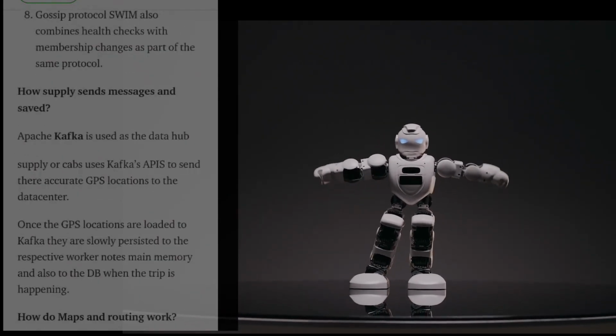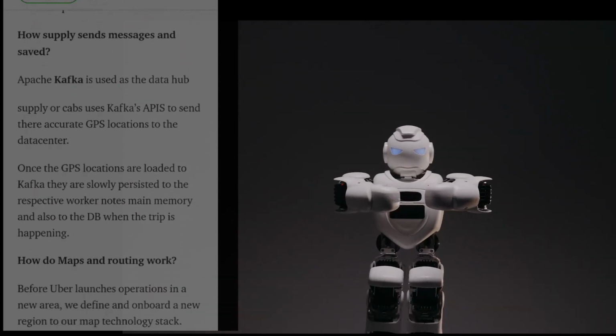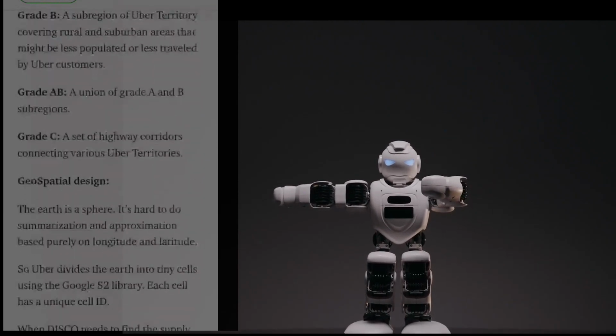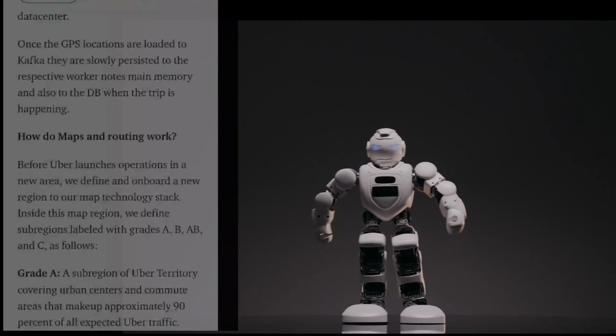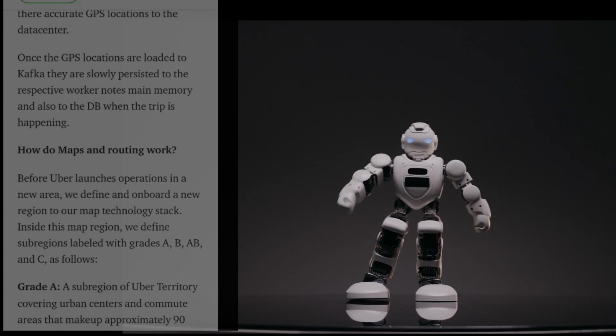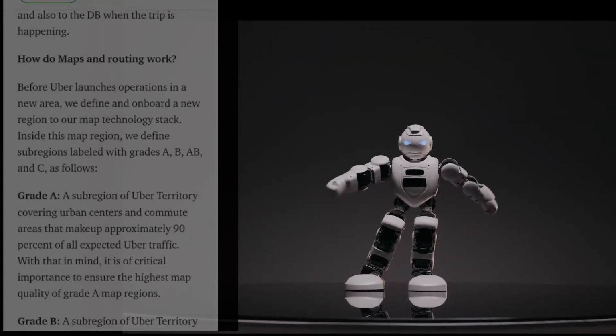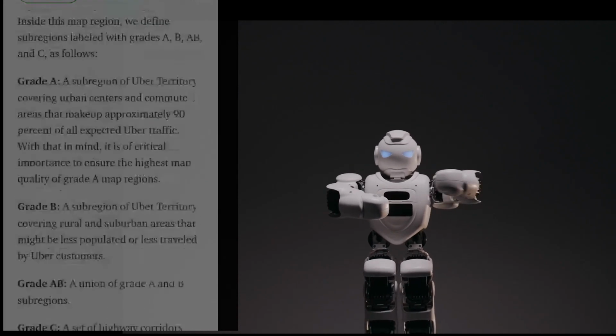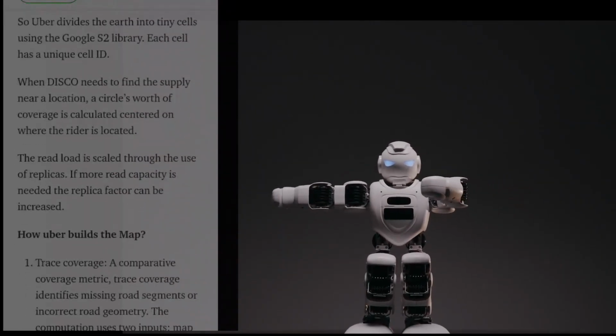This is how the backend works. For maps and routing, they divide their regions into different grades.